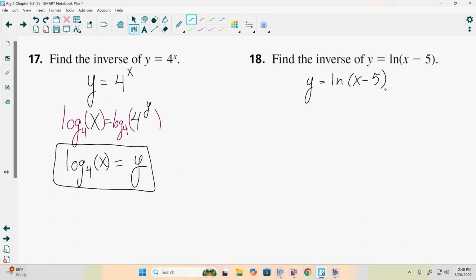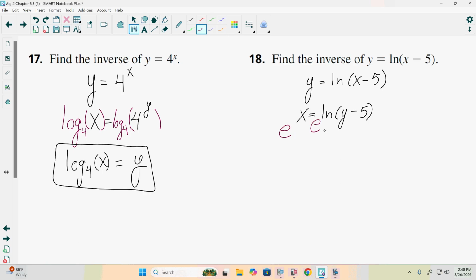y equals the natural log of x minus 5. No function notation, so we don't have to rewrite f of x as y. So the first thing we can do is switch x and y. Then what do we need to do? Rewrite it as an exponential.